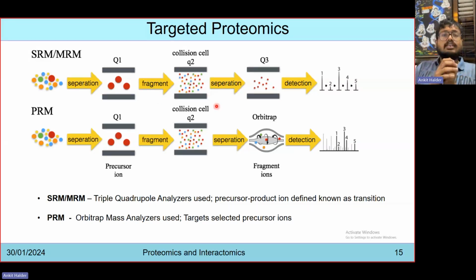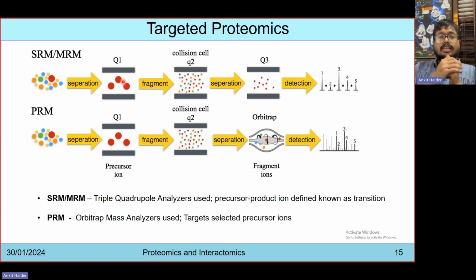How it helps us in the validation of certain peptides and proteins is that once we have identified those particular proteins and peptides, and we want to check whether a particular peptide and protein belongs to that sample or not, we define the precursor for that particular peptide.